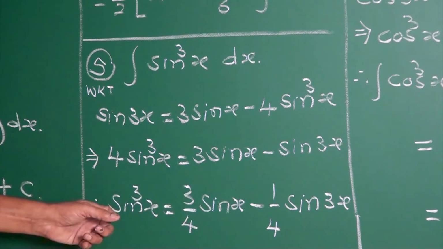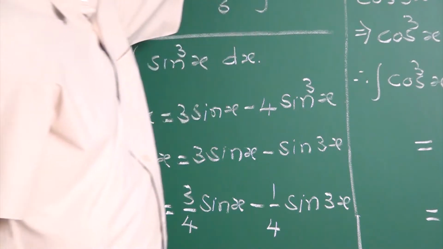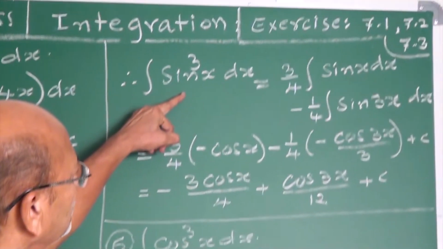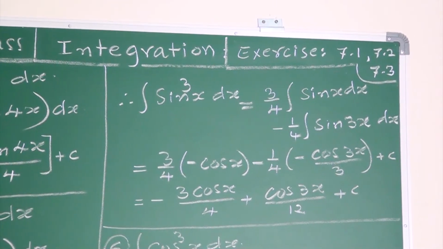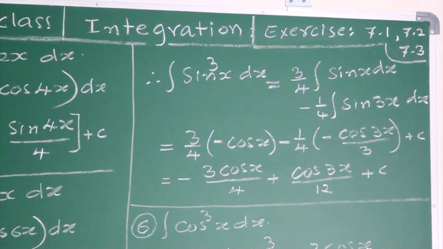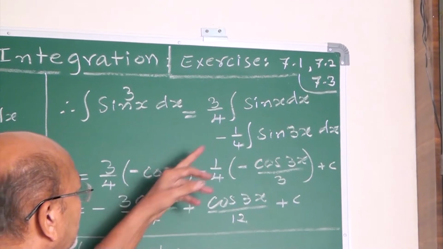Now it is ready to integrate both sides. Integrating both sides with respect to x. Integral of sine cube x equal to 3 by 4 into integral of sine x minus 1 by 4 into integral of sine 3x with respect to x. Just write the integral.